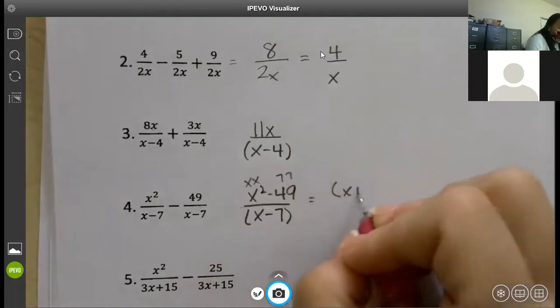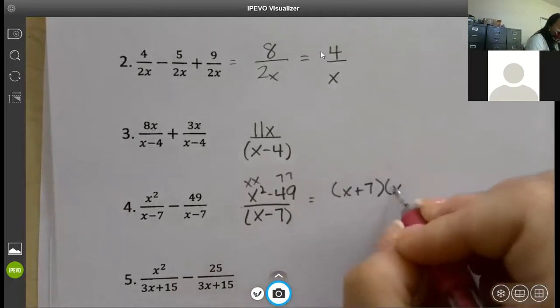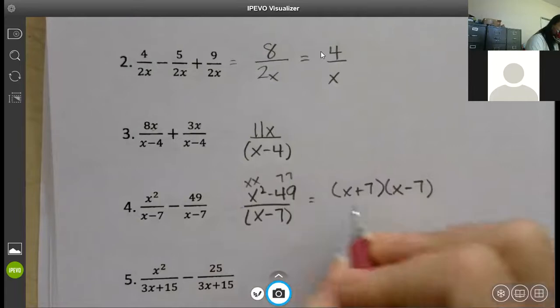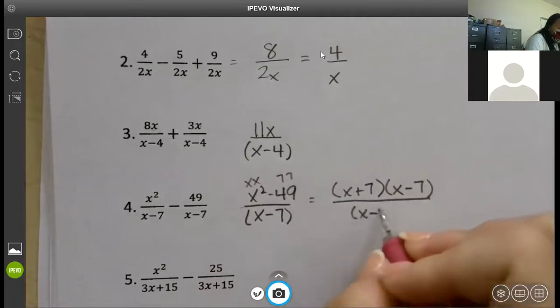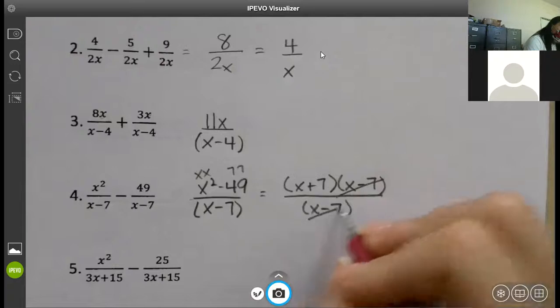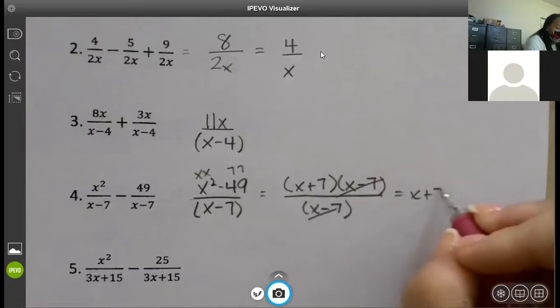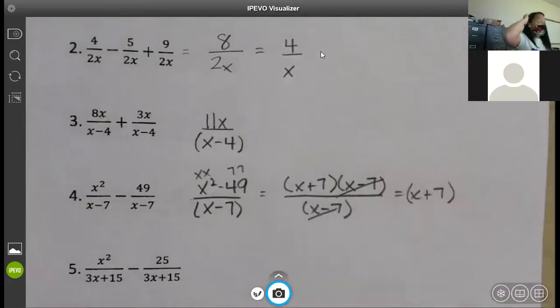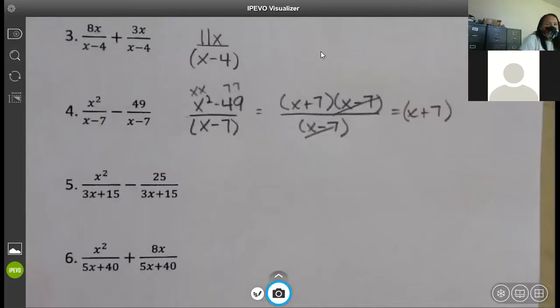So on the top, I would have one that's plus and one that's minus. And on the bottom, I have the minus. If it's the same on the top and the bottom, we mark it out, and that leaves us with just x plus 7. That's literally it. So don't make it harder than what it actually is.